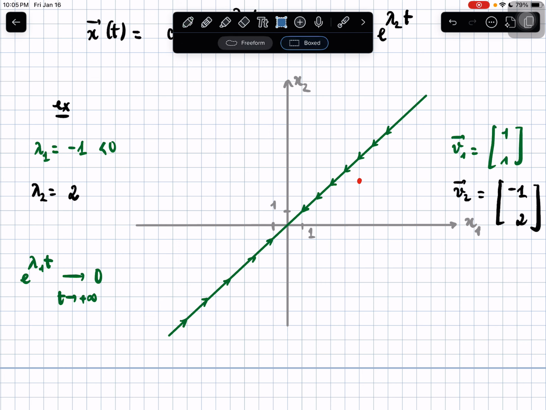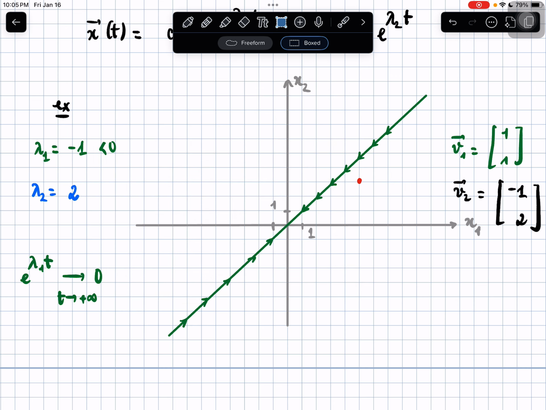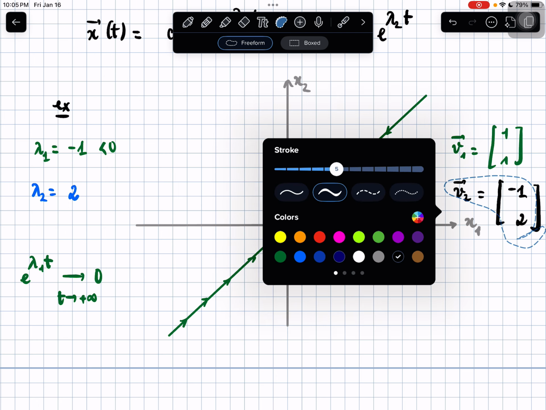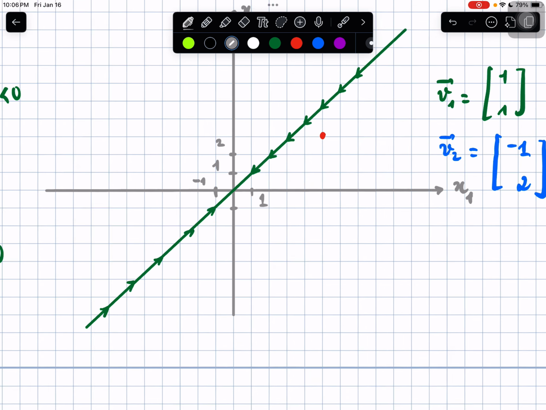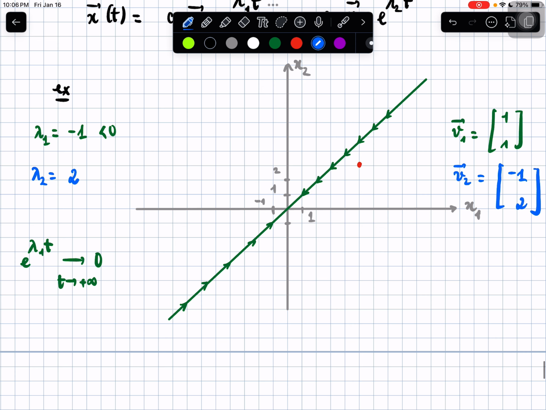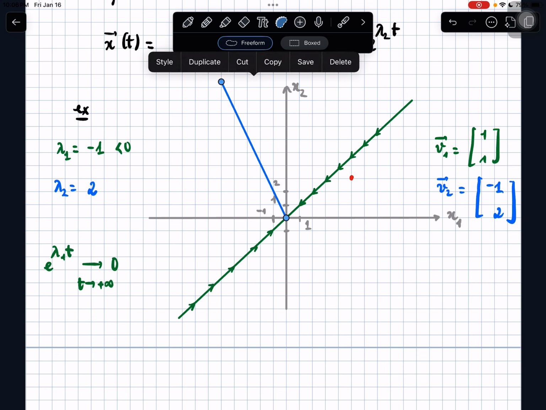Now the eigenvector v2, the blue one, the vector (minus 1, 2). Minus 1 is here and 2 is here. The vector (minus 1, 2) is this vector, and this gives us this line.